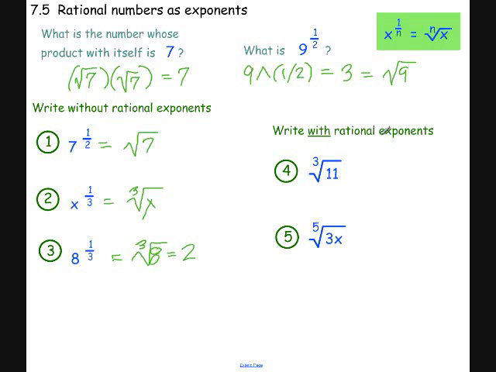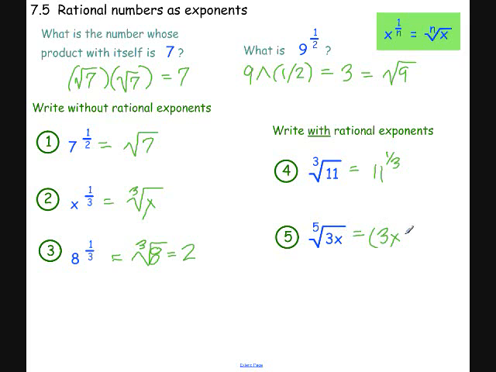Over here, write with rational exponents. We are in radical form, and we want to write it with rational exponents. My base is 11. My power is 1. My root is 3. This one, my base is 3x. Now, here's something to be very careful about.